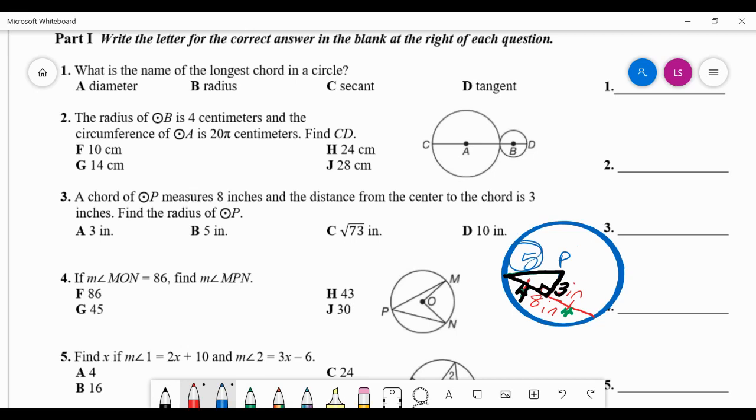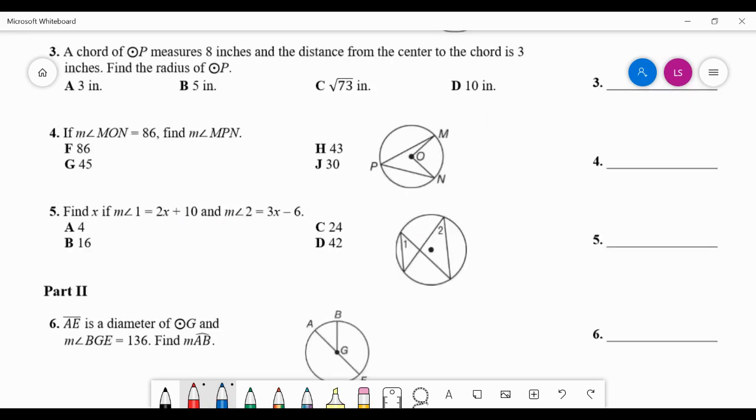That's right. It's a 3, 4, 5 right triangle. And if you weren't sure about that, you could do Pythagorean theorem. 3 squared plus 4 squared equals x squared, and you'd get 5. So the correct answer is 5 inches. That's number 3.